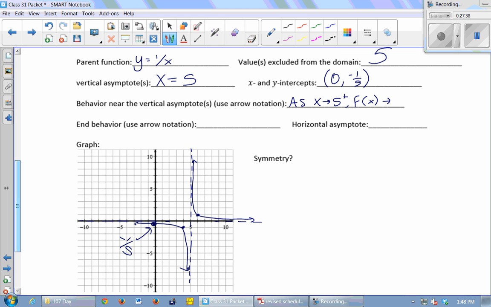As my x values head towards 5 from the right side of 5, the y values go towards infinity. And then as x approaches 5 from the left, f of x approaches. So this time, start at 5, go a little bit to the left of 5, and then follow the graph towards 5, and the y values are going to -infinity.